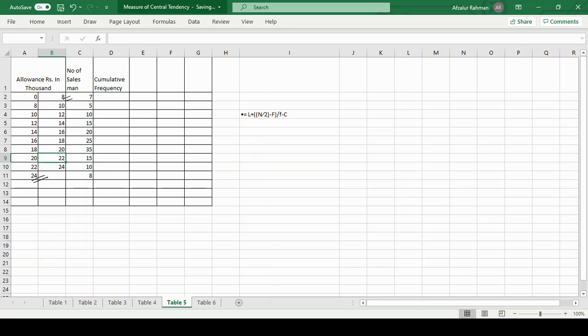Now what do we have to do? We have to calculate the median. For calculating the median, you first have to calculate the cumulative frequency.